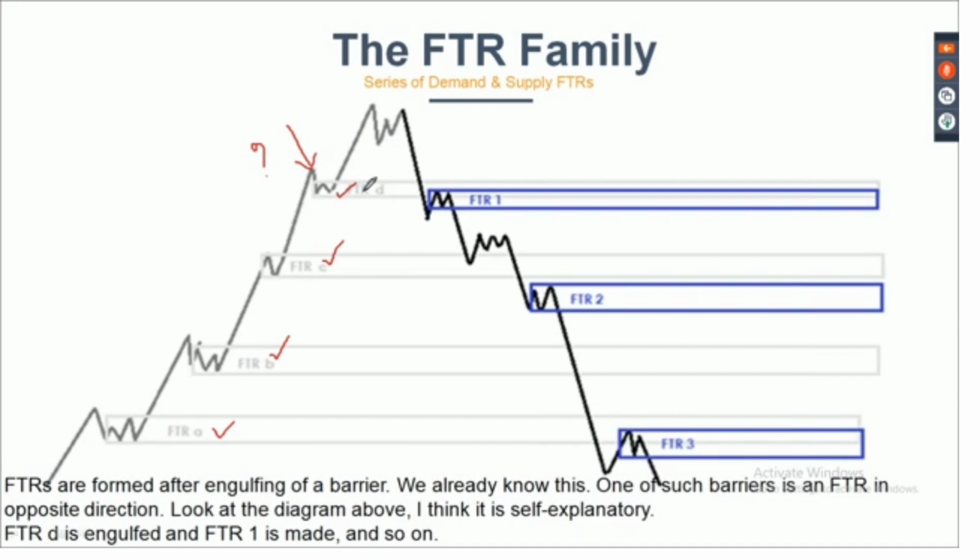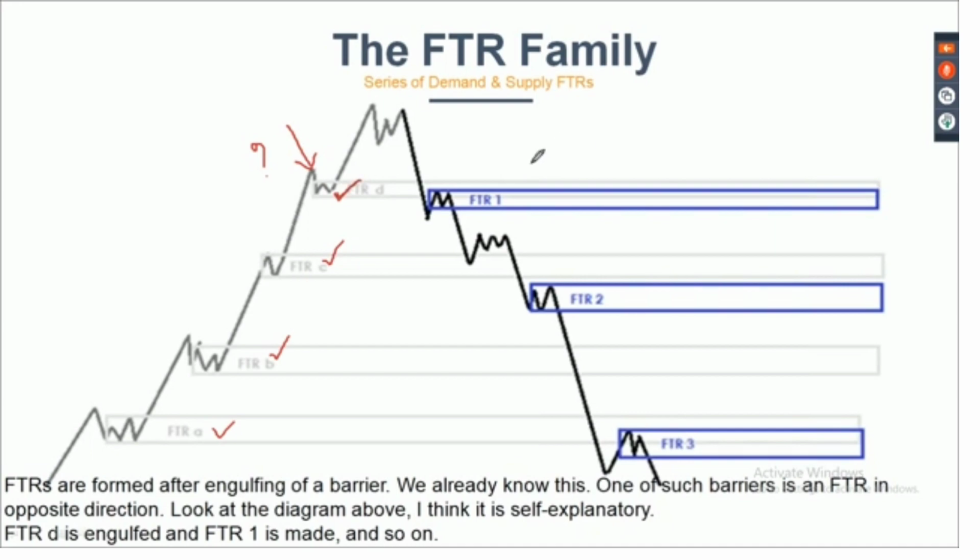They're all the warriors moving from FTR A to B, B to C, C to D. They're all powerful people. Everyone agrees they are super powerful. Why? The price did not even come to FTB. Everyone agrees this FTR D is the last and final demand FTR in the journey.